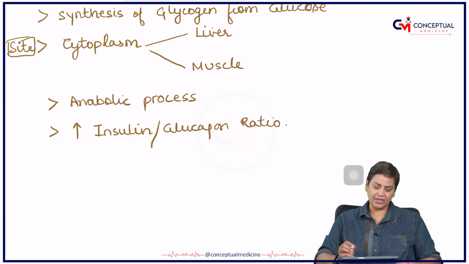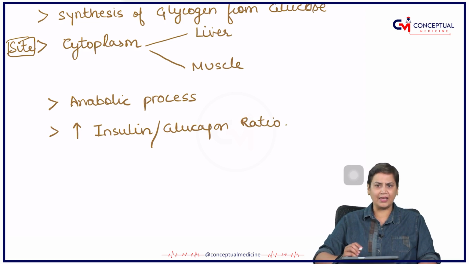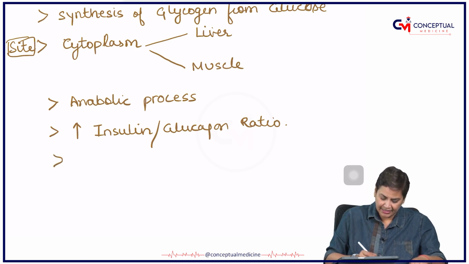Because obviously when the ratio of insulin to glucagon is high, that means an increased amount of insulin is there, and insulin always promotes the uptake of glucose. So excess glucose will be stored to form glycogen. This is very important. Or you can say that it occurs in the well-fed state.